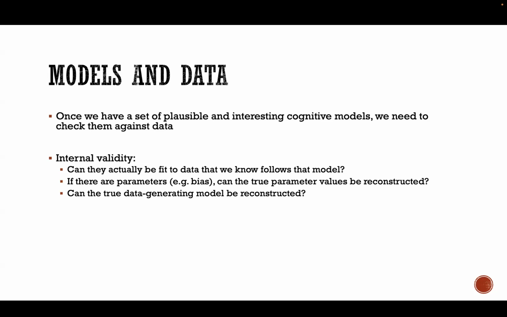If we have more than one model, and later on we will do that, not this lecture nor the next, but we generate data from reinforcement learning and we generate data from random bias, can we use model comparison techniques to reconstruct the true model that has generated the data?